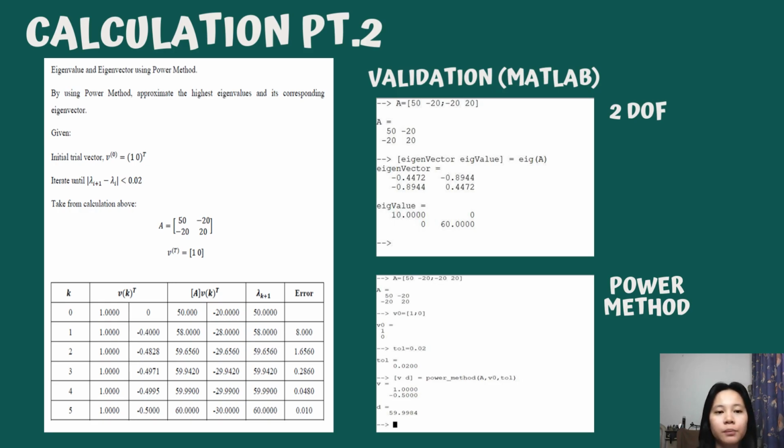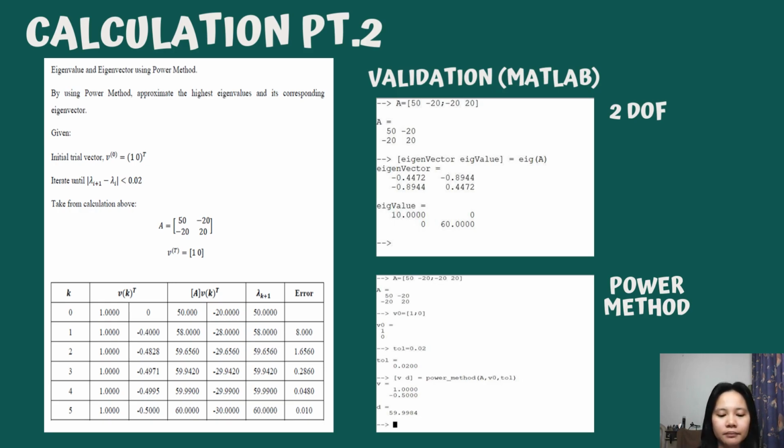Taking from the previous question, matrix A is 50, negative 20, negative 20, and 20. This time, it has been given an initial trial vector and the iteration. The initial trial vector is 1, 0, and it is iterated until the error is less than 0.02.